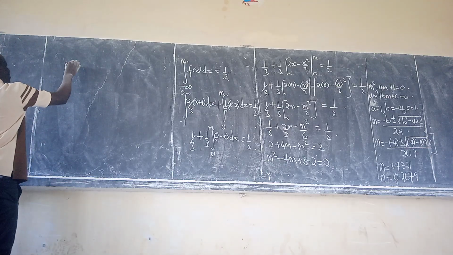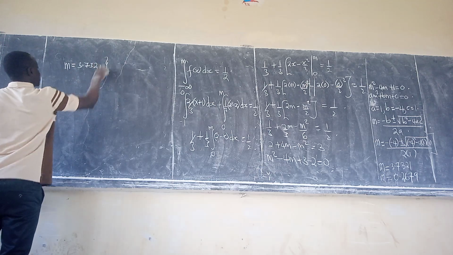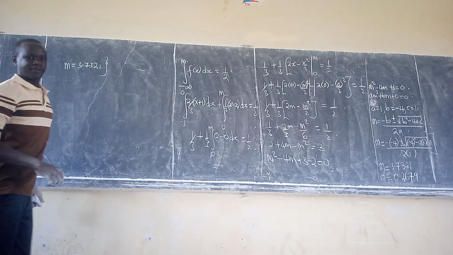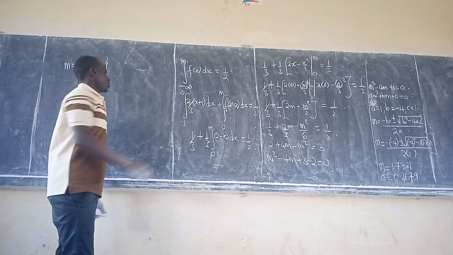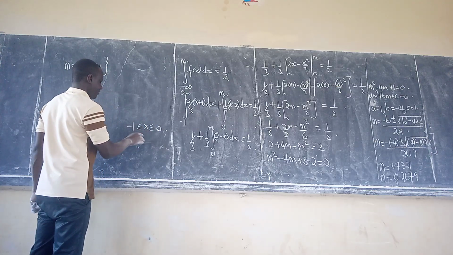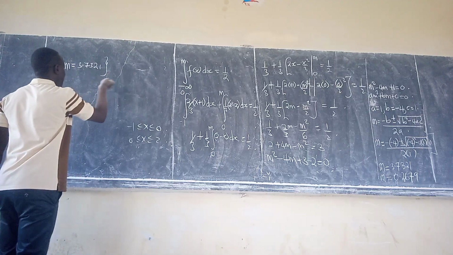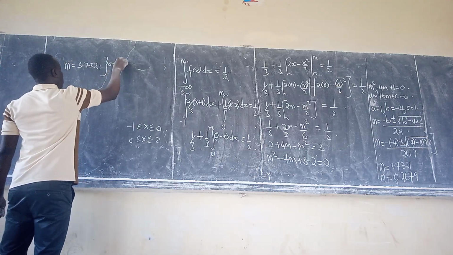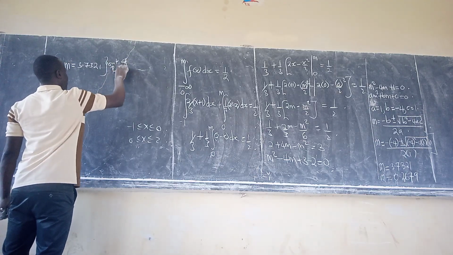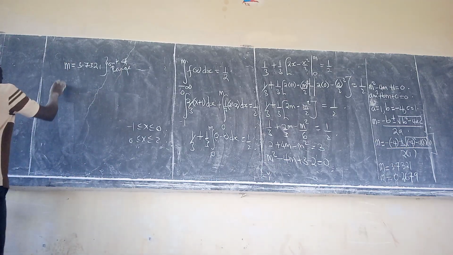So our first m is 3.7321. Our PDF was defined from -1 to 0, then from 0 to 2. So this 3.7321 is out of range.